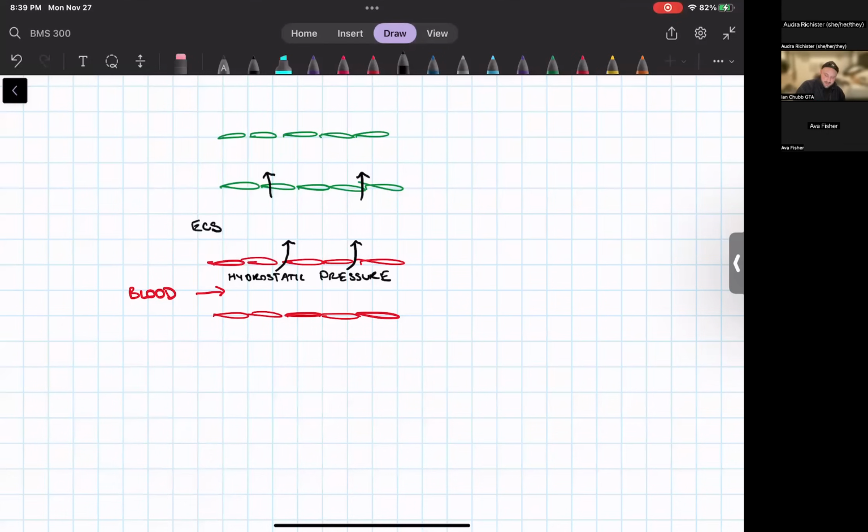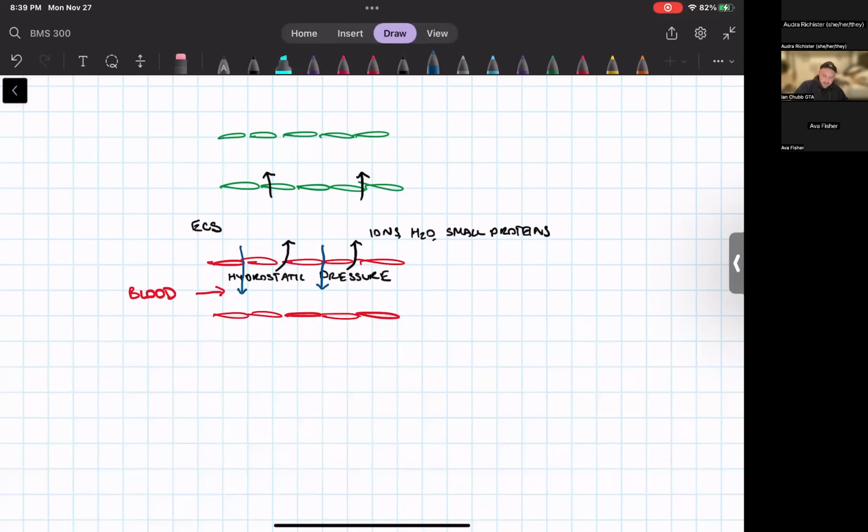So it could be ions, water, maybe some small proteins, maybe some pathogens, things like that into the extracellular space where it can then be picked up by the lymphatic system and then brought through the lymph nodes and some of the other lymph organs in order to clean it out. But we always have to remember that if there's some pressure pushing stuff out, the blood is always going to pull some back. This is just like the kidneys.